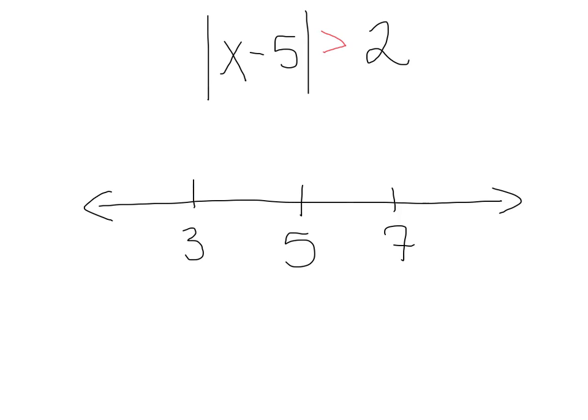So say the numbers 8 and 2 are locations that are greater than 2 units from 5. So we would put an open circle at 7 and 3 because it's only greater, and we would go in this direction, like an or.